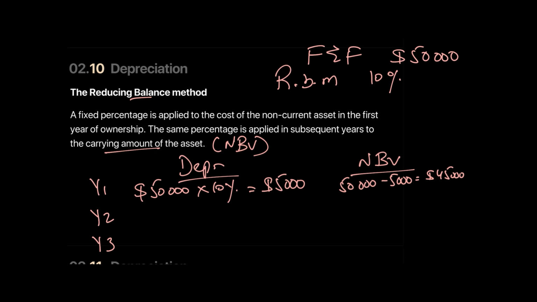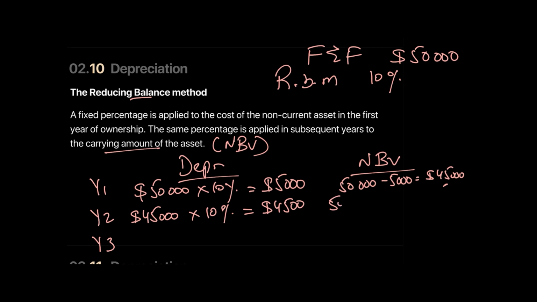However, what will change is year 2. In year 2, you will now depreciate it not at the cost but at the net book value. So you will say my net book value is now 45,000. I'll depreciate it by 10%. That gives me 4,500. You can see my depreciation has reduced. It was 5,000 in year 1 and now it's 4,500.